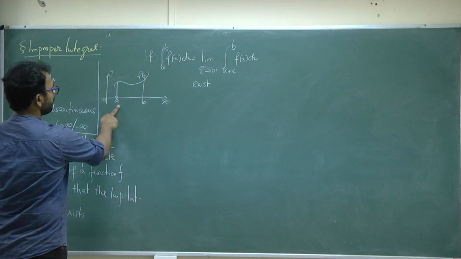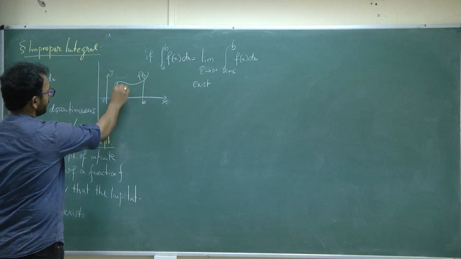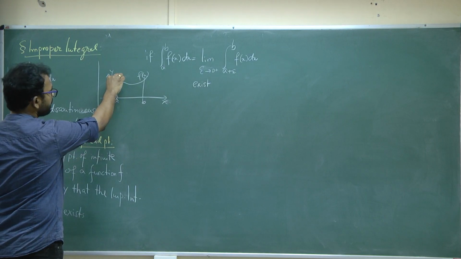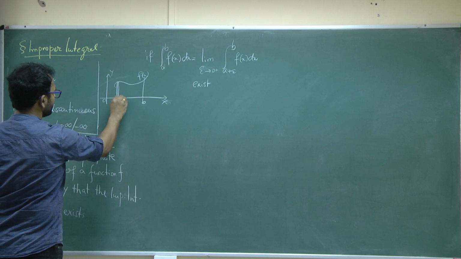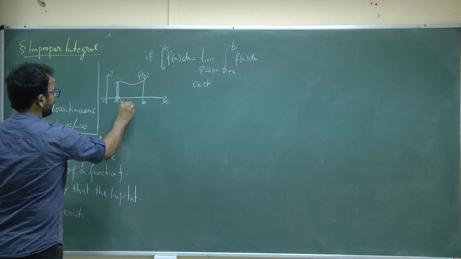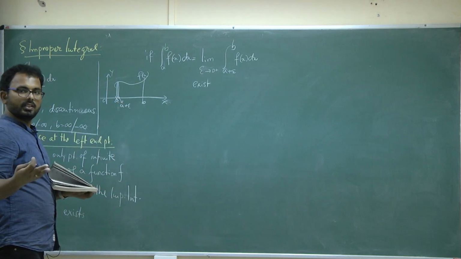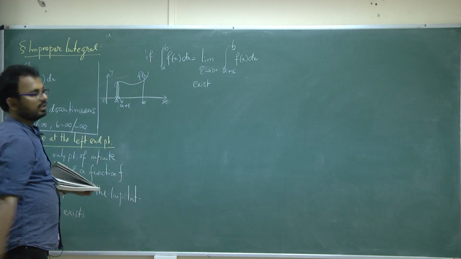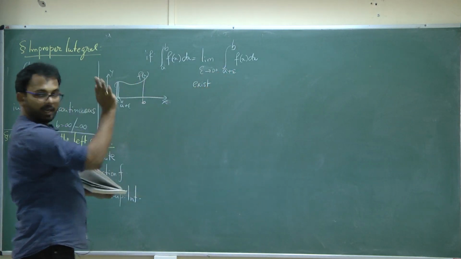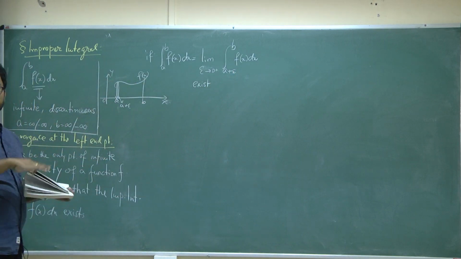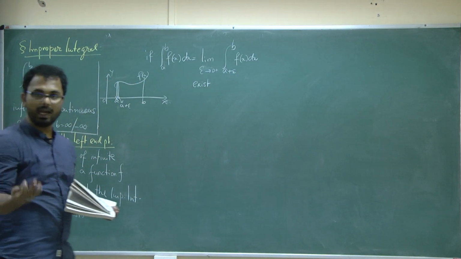Then basically we are evaluating the integral by adding an epsilon, let us say something like this. So, this is our a plus epsilon. We are getting a little bit away from the point of discontinuity, and then we are evaluating the integral. This integral we can evaluate, and once we can evaluate, then we will make epsilon go to 0 afterwards.